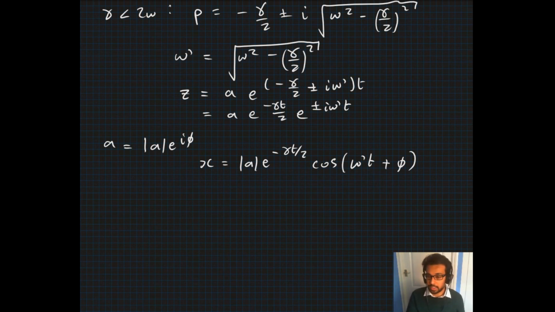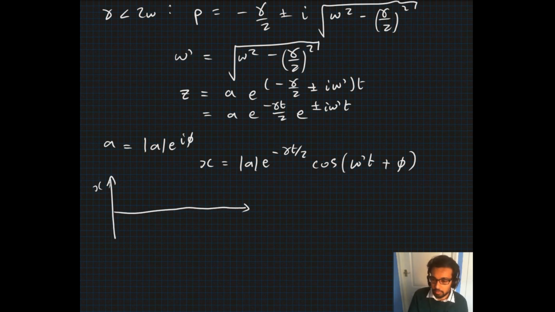So if we draw this general solution as a graph of displacement x against time t, this will be an exponentially decaying oscillating function, where the time period will stay the same, even though I haven't drawn it to look like it, but the amplitude of the oscillations will decrease exponentially over time.